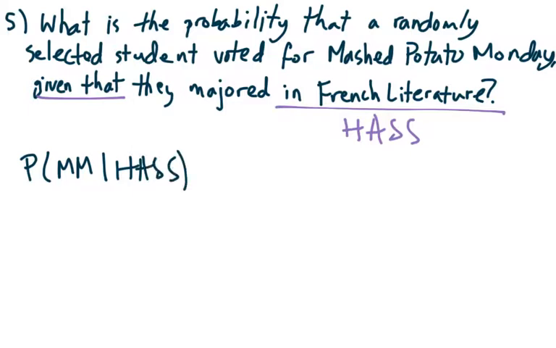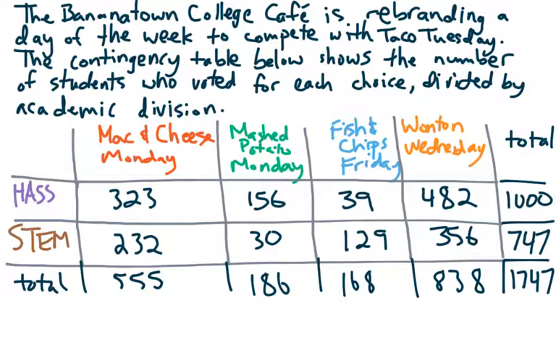So let's go look at our universe. The universe of humanities, arts, and social science majors has 1,000 people in it. Boom, boom, boom. There's the total number of people in the universe. Assuming that this is our universe, how many people voted for Mashed Potato Monday? These are the only people in the universe now that voted for Mashed Potato Monday.